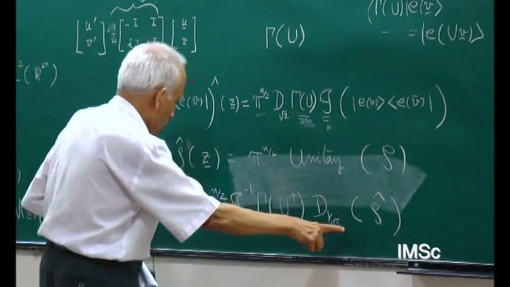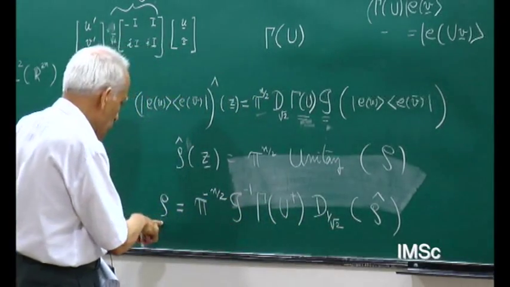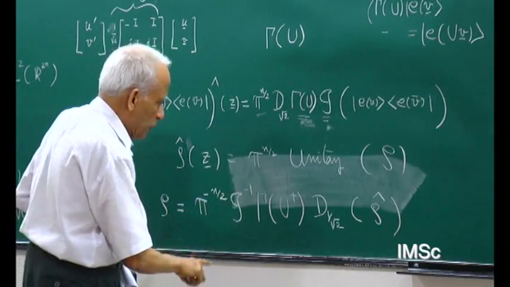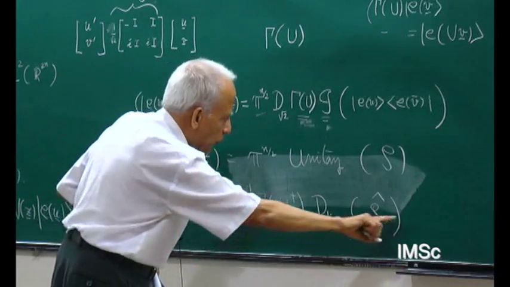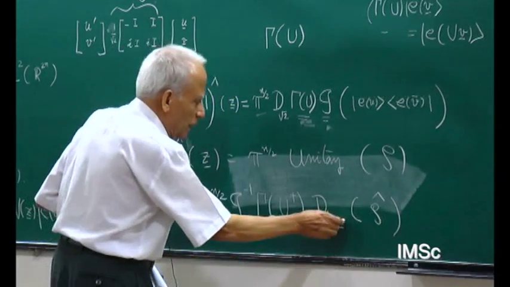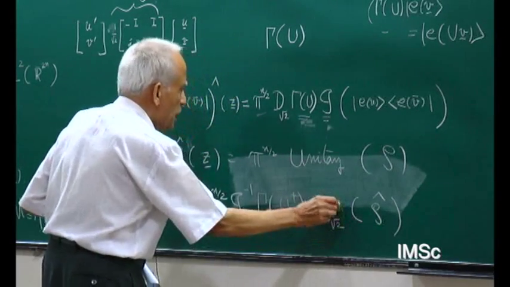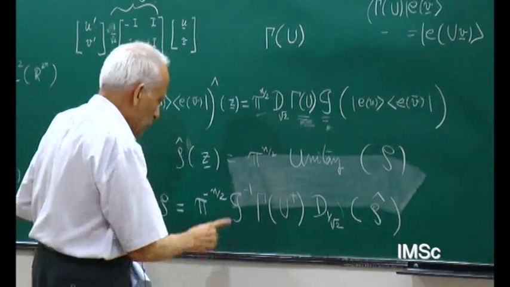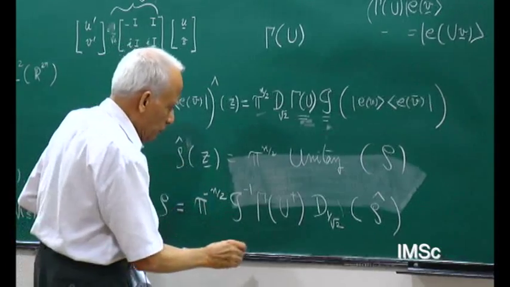So you have the required inversion formula, rho is equal to pi to the minus n over 2 multiplied by this. But this is only a scale change that comes because of our way of choosing the Weyl operators. This is only an identification.